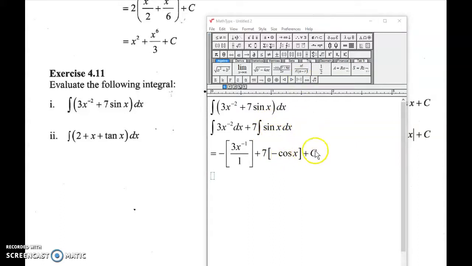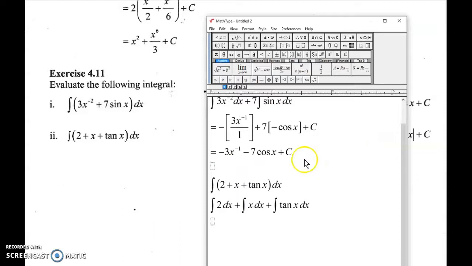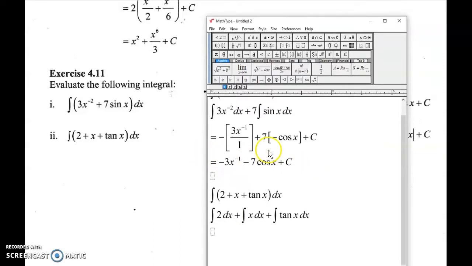And don't forget to put plus c here for the case of indefinite integration, where we don't really have a value for this integral. Later you will see that we also have definite integration, where we'll need to actually calculate the value. So for the time being, don't forget to put c, and we'll discuss later why we have c here. So that is the answer for the first one.